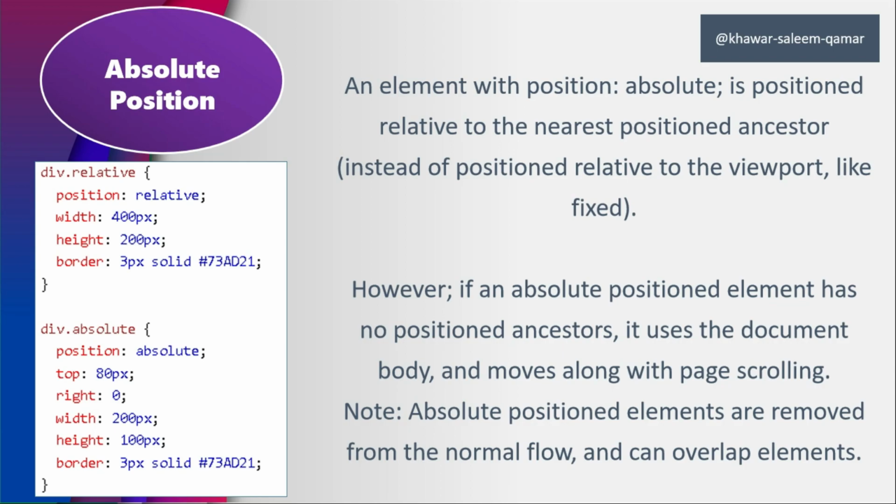For deciding its positioned ancestor, we have to give the relative position to its parent element, and if none of its parent elements has relative position, then it would just be styled inside our page relative to the body tag.